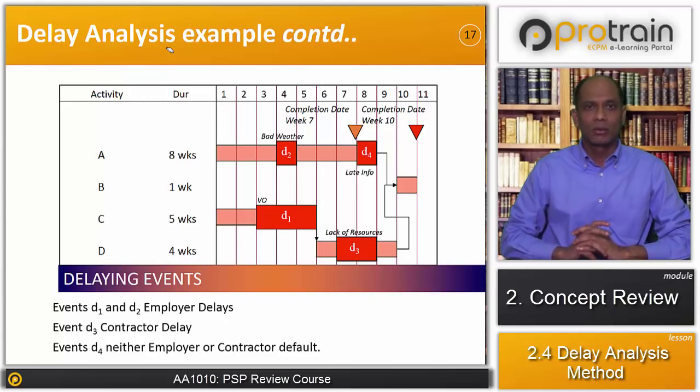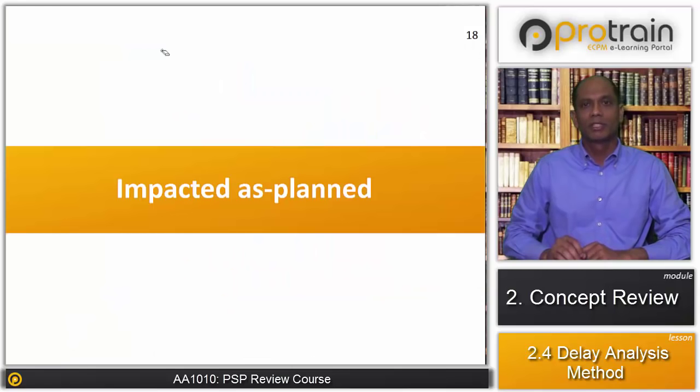Now let's go to each delay analysis method and understand using this example. So let's start with the first method, which is called impacted as planned. As the name suggests, the impacted as planned method is impacting the baseline schedule, or the planned schedule, and identifying or calculating the impact of the delays.